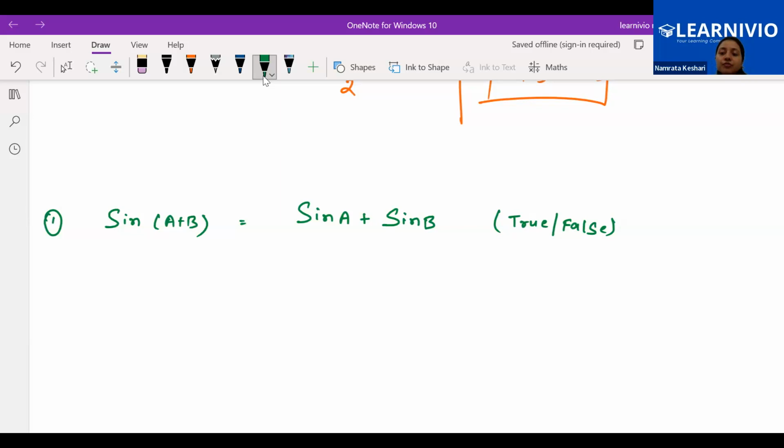Aisha, Alvina, Afnan, Sumaya. True or false? Afnan said false. Afnan, no? Yes, ma'am. Okay. And what about Aisha, Alvina, and Sumaya?